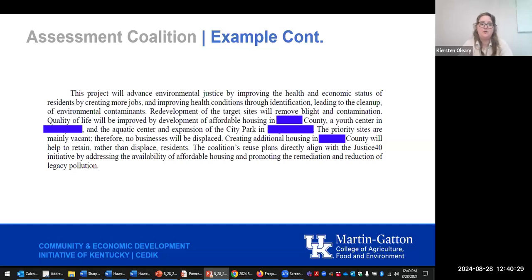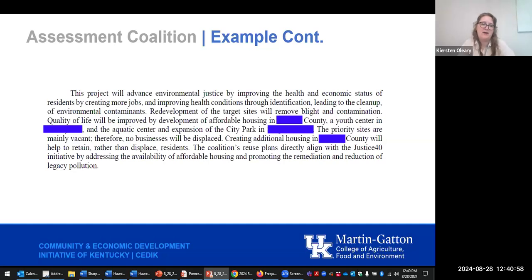It's talking about how it will advance environmental justice by improving the health and economic status of residents, creating more jobs, and removing blight and contamination. And I like this part a lot: this is an assessment application, so they're not actually going to do any cleanup of these sites based on this application, but it's communicating the vision and the want or the need.